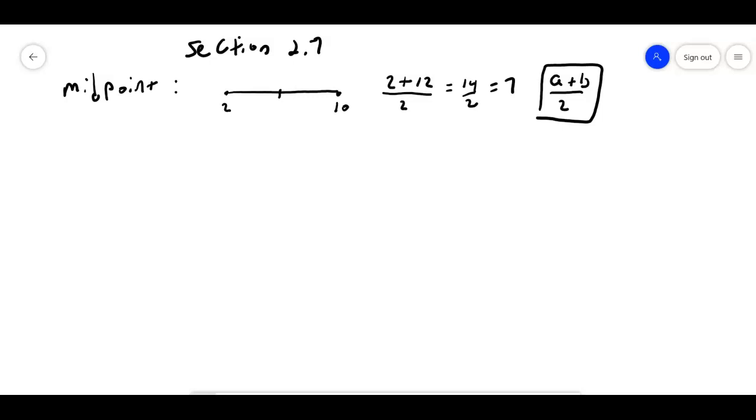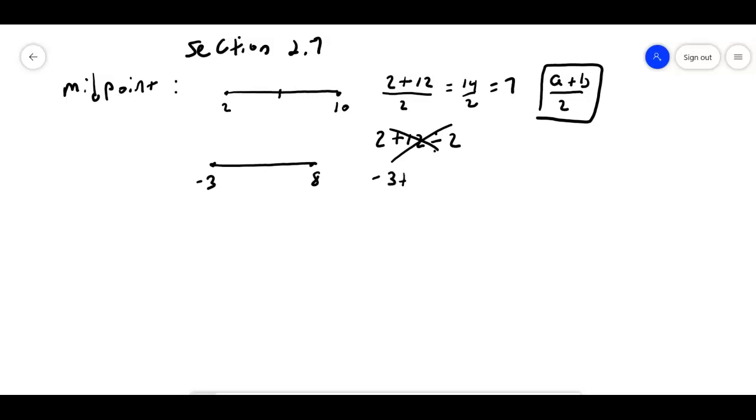One little note here, don't ever do this on your calculator. This will give you the wrong answer, because it's going to do the division first. So be careful on the calculator. It would work even if you had a negative. Let's say one of the numbers was negative, and you could end up with a fraction as well.